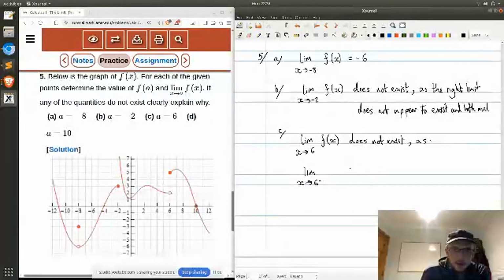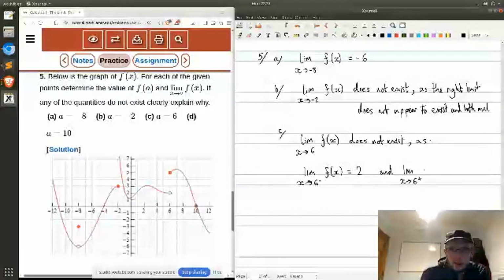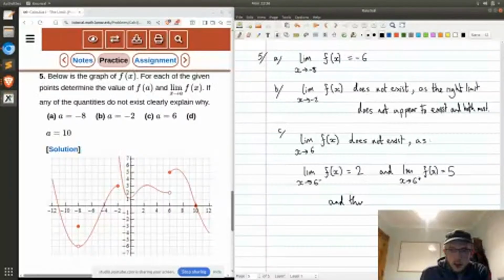The limit as we approach 6 from the left, and the limit as we approach from the right, is apparently 5. And they must equal.